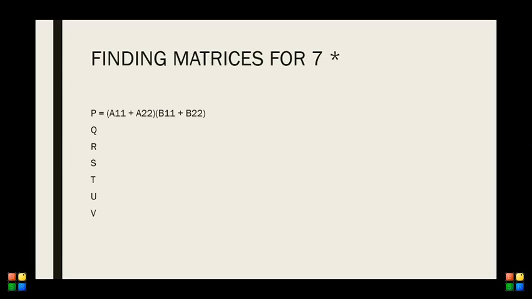So I'll have the extreme values (a11 plus a22) into (b11 plus b22). Notice that we have a's and b's in the algorithm. Here for Q, R, S, T we have only one variable instead of two variables with plus and minus, unlike P, U and V. You have to remember that one.